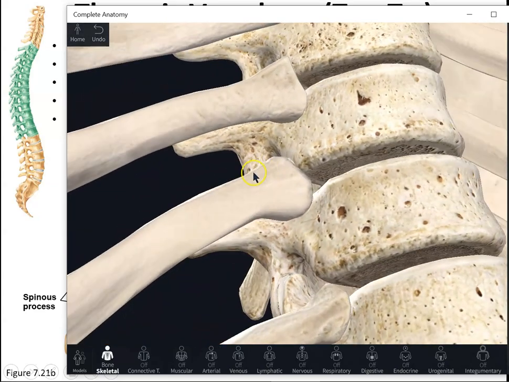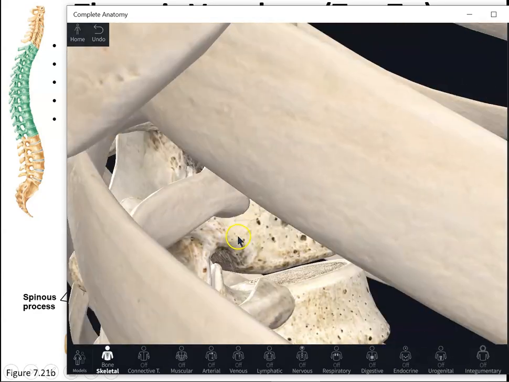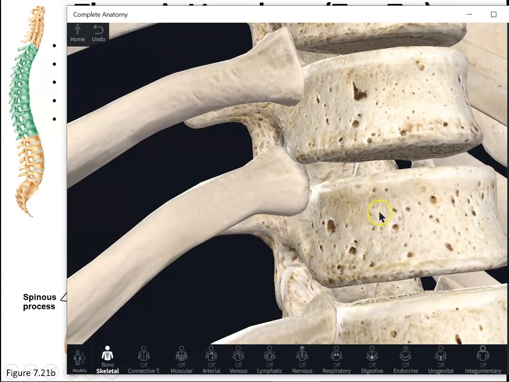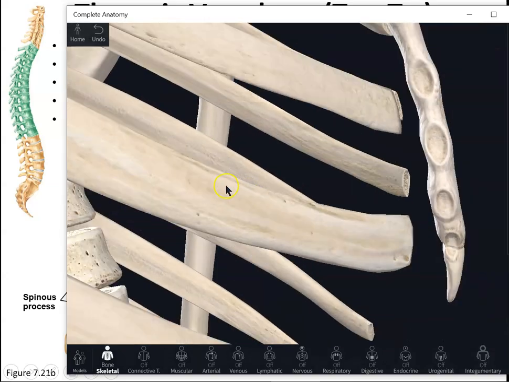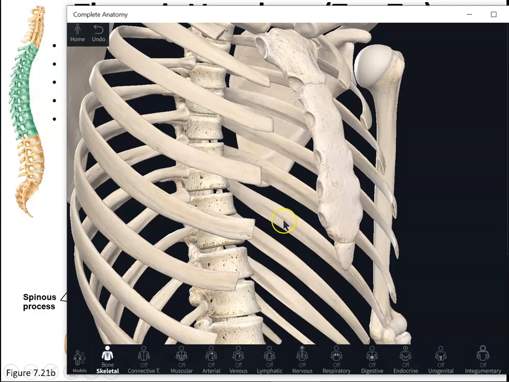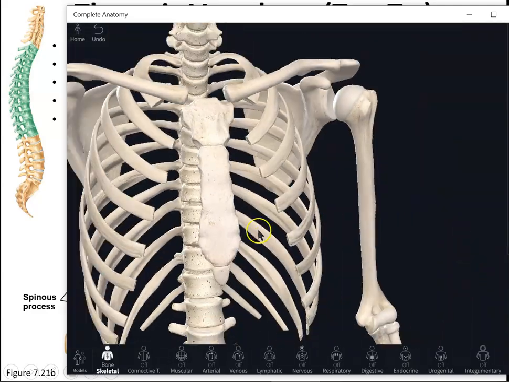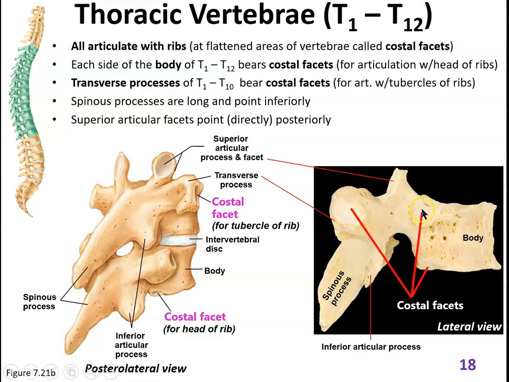Also, that same rib is articulating with the transverse process of the lower of the two vertebrae. So the transverse process of the inferior vertebra. So do spend some time playing with that once you get this software running, because there is no substitute for seeing the whole skeleton put together in order to understand how it works. And once you see how it's put together, you understand why these facets are where they are.